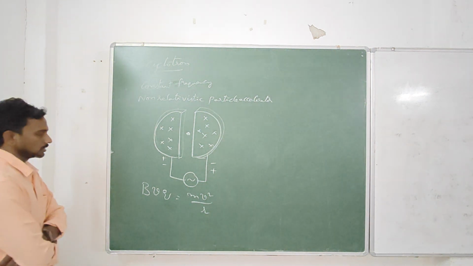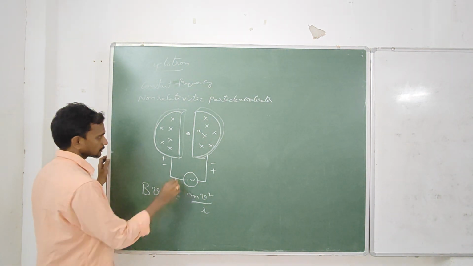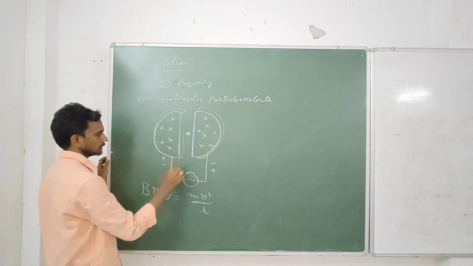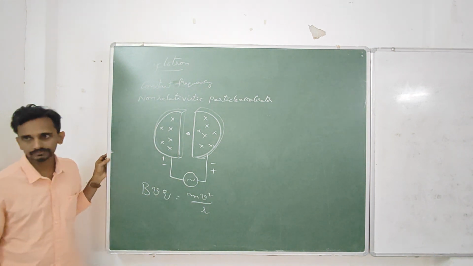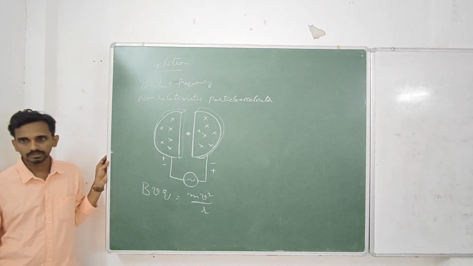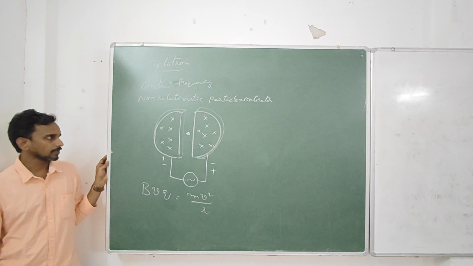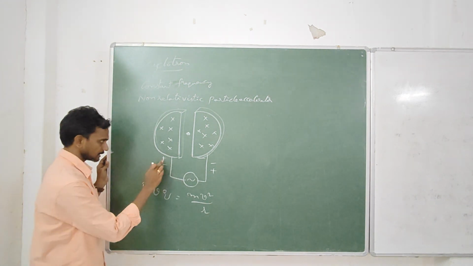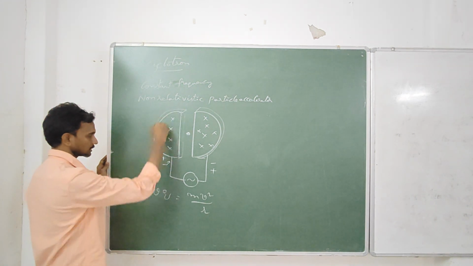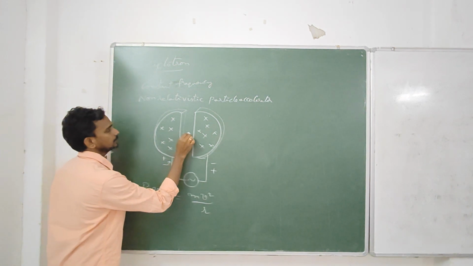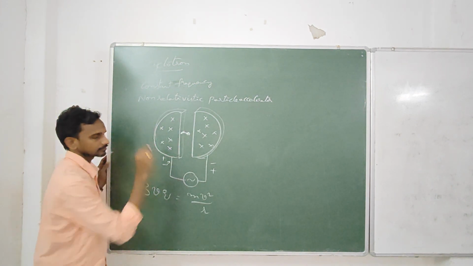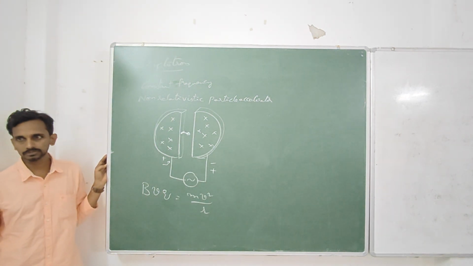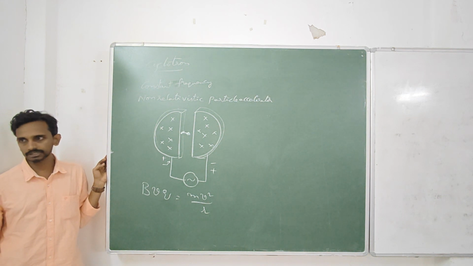Okay. So the initial velocity for this is produced by this electric field. If the incoming particles are positive and let's say this drum is negative, it will be accelerated towards this. That is the initial push produced by the electric field.